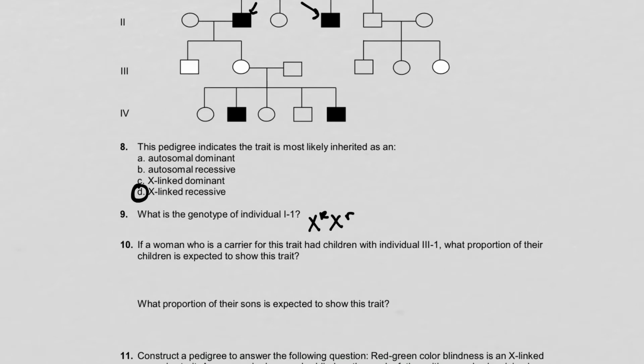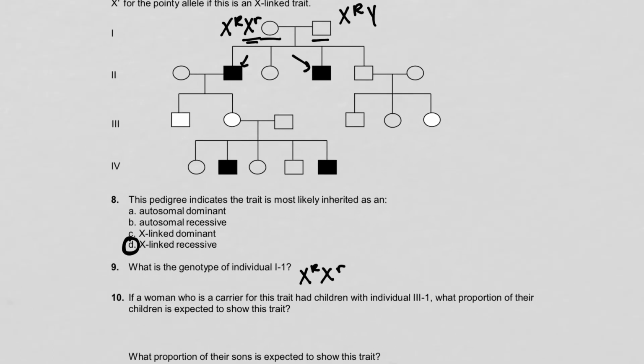If a woman who's a carrier for this trait had children with the first individual in the third generation, so that would be this individual, what proportion of their children is expected to show this trait? All right, a woman that's a carrier, so let's figure out what our cross is. So a woman that's a carrier would be this genotype crossed with this guy.